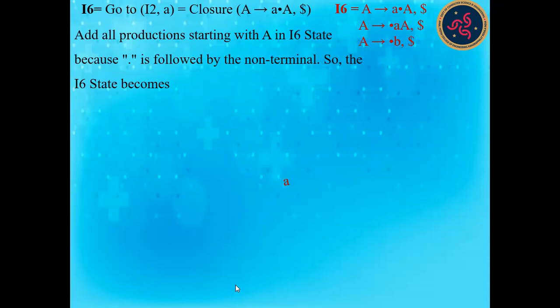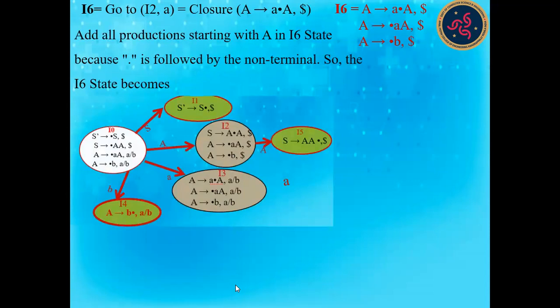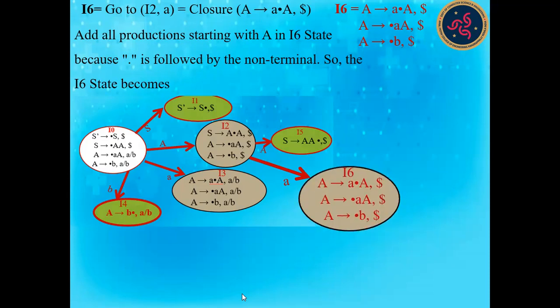So here I have my diagram, DFA. At I2, symbol A comes, then it is moving to a new state, that is I6, and I have taken all the productions. Here when we see I6 and I3, all the productions are the same, but the look ahead symbols are different.